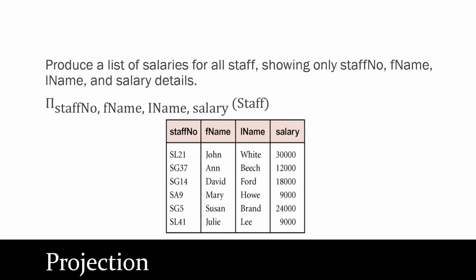This is an example of how to use projection. Suppose we want to produce a list of salaries for all staff showing only staff number, first name, last name, and salary details. We do something like this: projection on staff number, first name, last name, salary from staff.